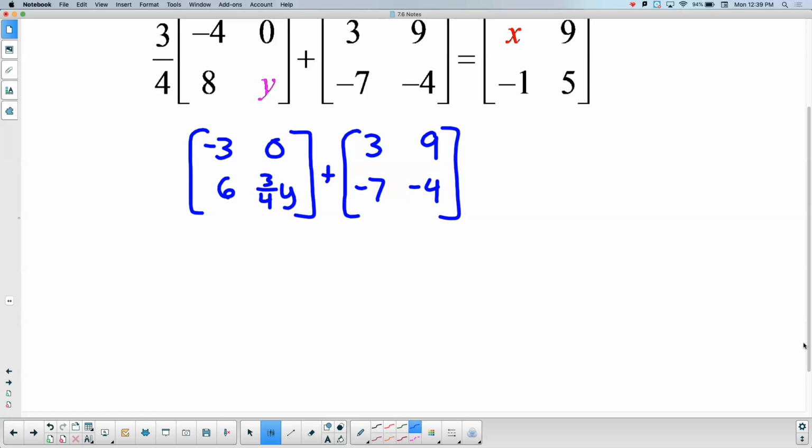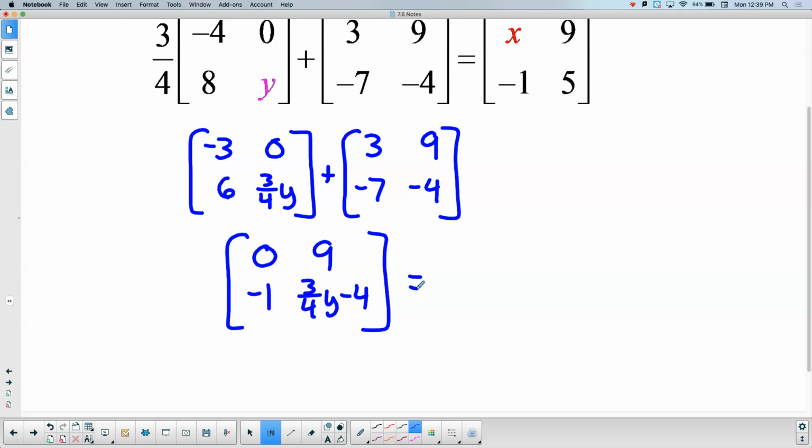Negative 3 plus 3 is going to be 0. 0 plus 9 is 9. 6 plus negative 7 is negative 1. And then we got 3/4 y minus 4. And that's going to equal x, 9, negative 1, and 5.